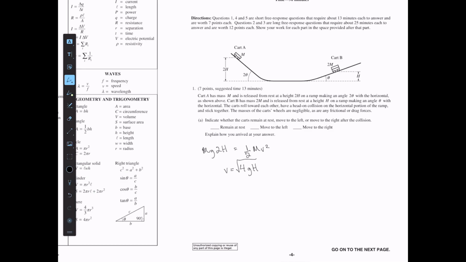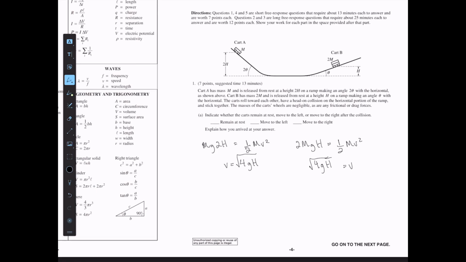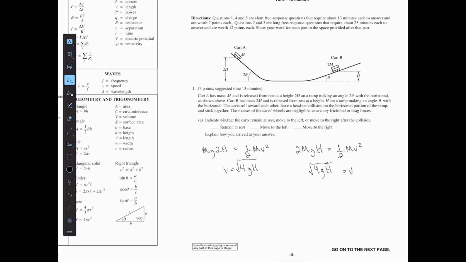And then for cart B, it is 2mgh equals 1/2 (2m)v squared. So v is equal to the square root of 4gh. So they have the same speeds when they collide, and they stick together.